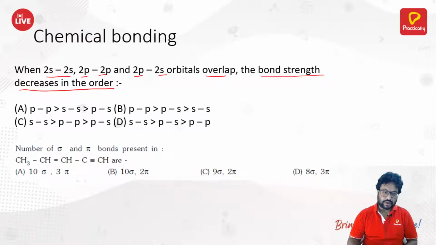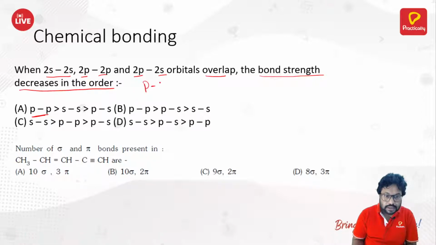So if you look at all the options, pp is highest, we know that. So pp has to be first. After pp it has to be sp or ps, whatever you call it, doesn't matter. pp, sp, and then lastly you have ss.